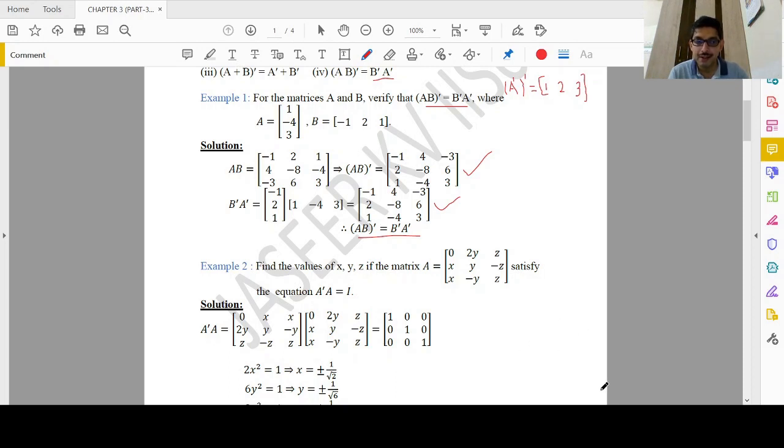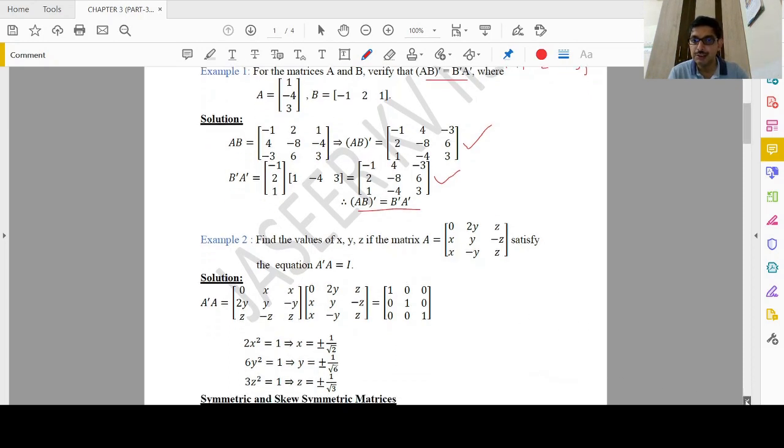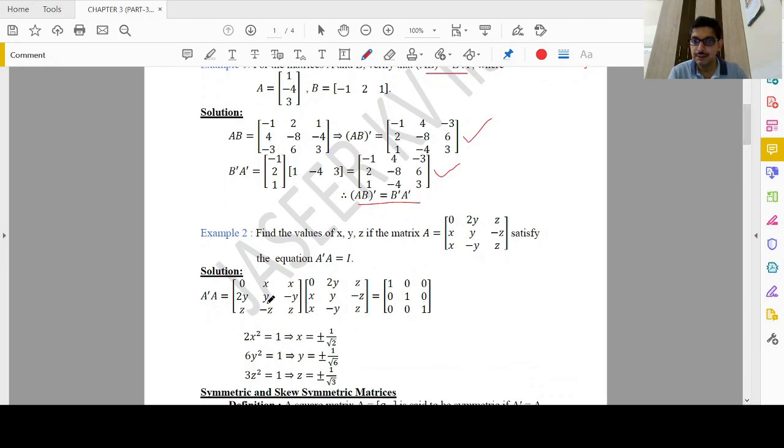If we multiply A dash and A, the first row, first column will become 2x square. If we equate with the right hand side, that is the identity matrix, it will become 1. So 2x square equal to 1, so that x is equal to plus or minus 1 by root 2.